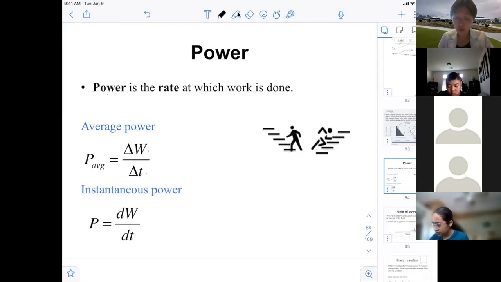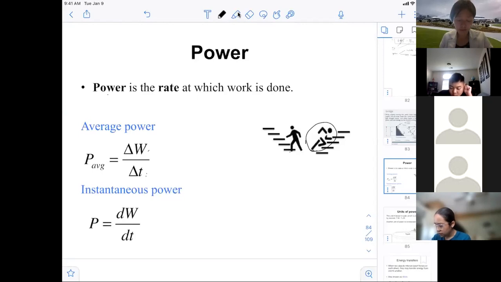In terms of how much work is done, it's the same. It has achieved the same effect. You have gone up 15 flights of stairs, but obviously you need a much bigger power if you're running, right? Because all that work is done in a much shorter amount of time.